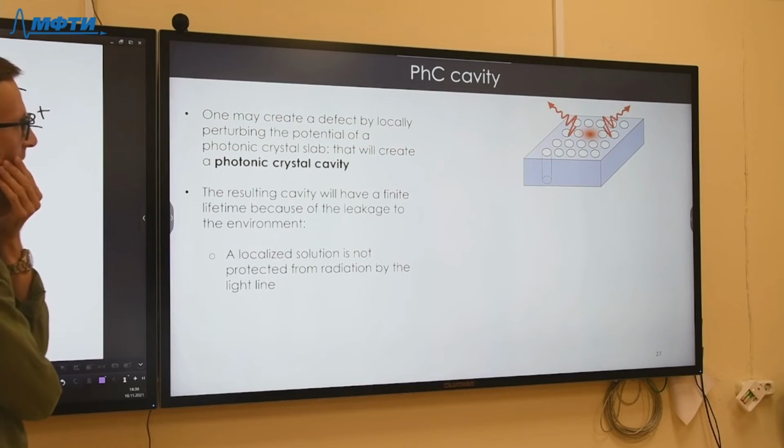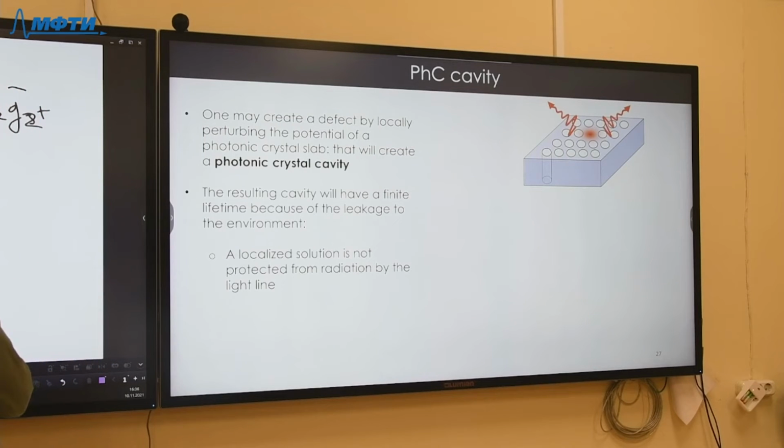So what else we can do is that we could remove only a single site, a single inclusion, a single unit cell from the photonic crystal cavity, and again, that breaks the periodicity of the system in all three directions, leaving us with no Bloch states. Bloch's theorem is not valid any longer again.